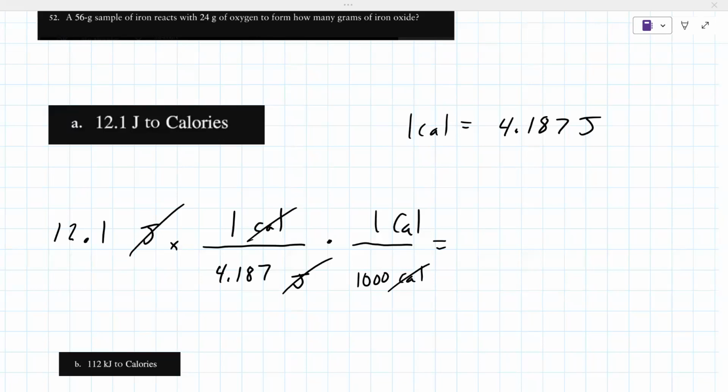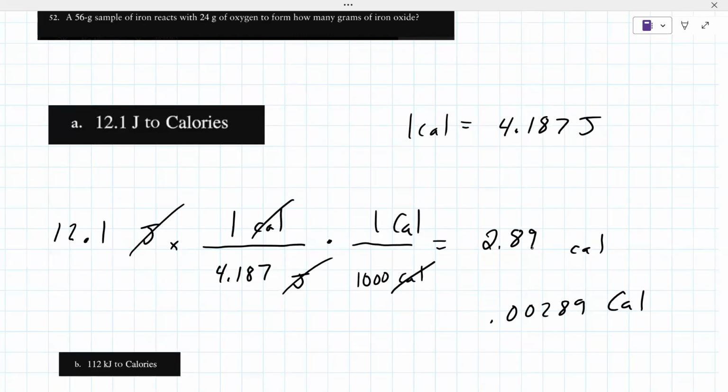I wouldn't make a big deal out of it. It basically just moves the decimal over. You'll see here that it ends up being 0.00289 uppercase Cal. Okay, that makes sense.